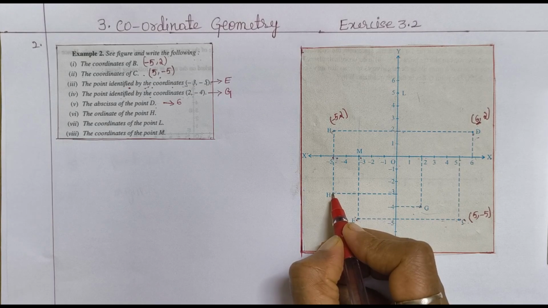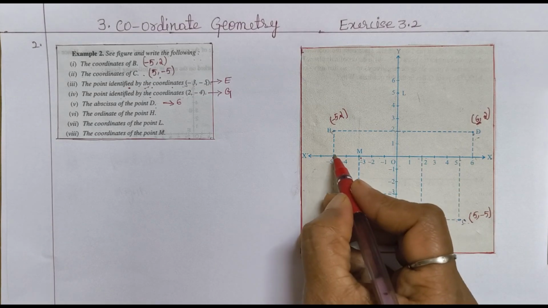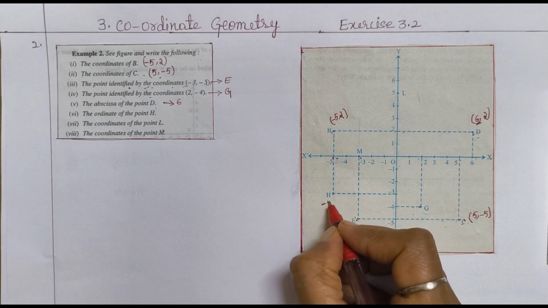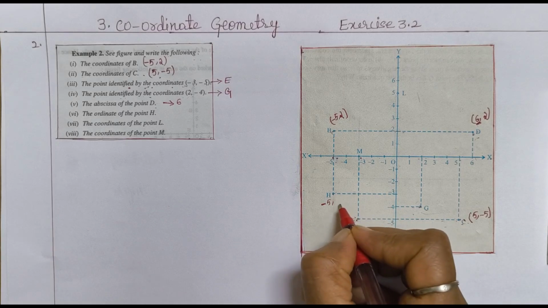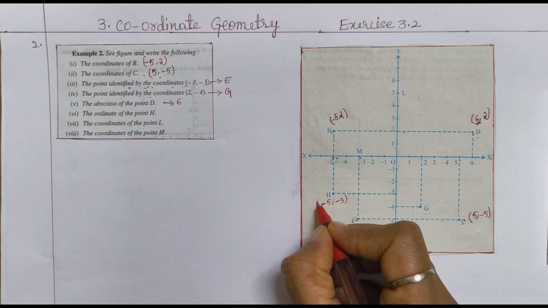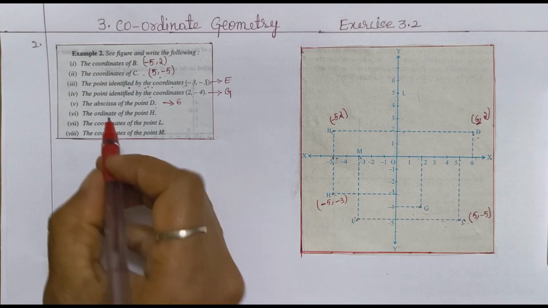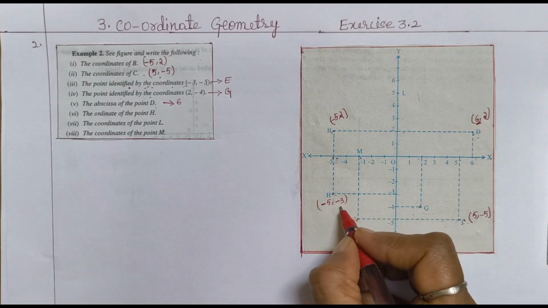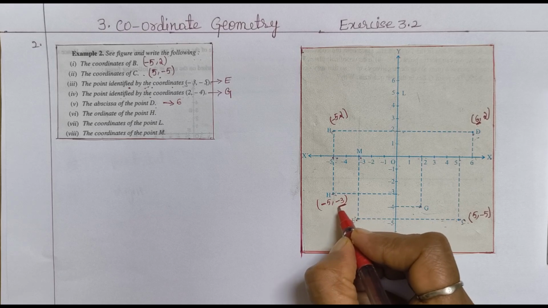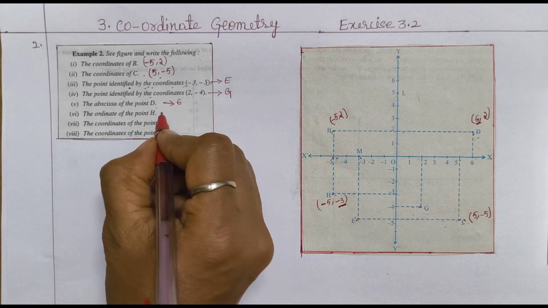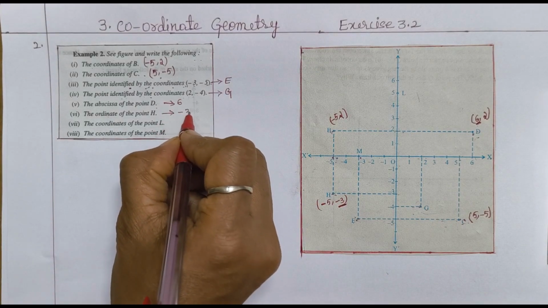This is H. First we write the coordinates. On the x-axis, minus 5 is there. Next, on the y-axis, minus 3 is there. H is minus 5, minus 3. He is asking for the ordinate. Ordinate means the y coordinate. So the answer is minus 3.